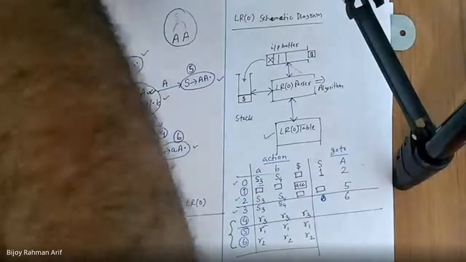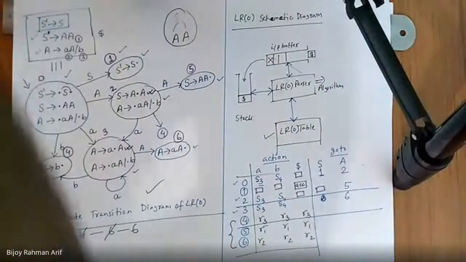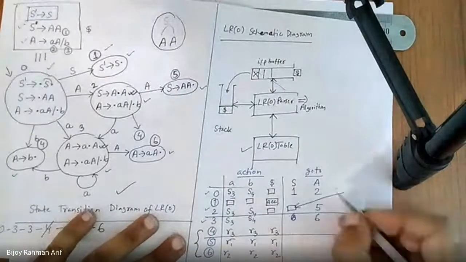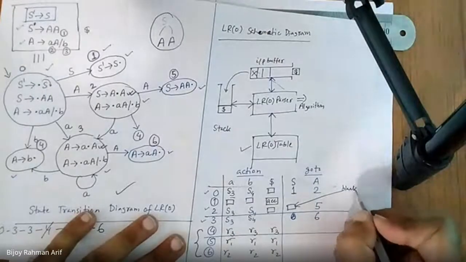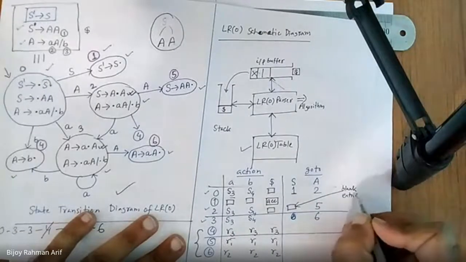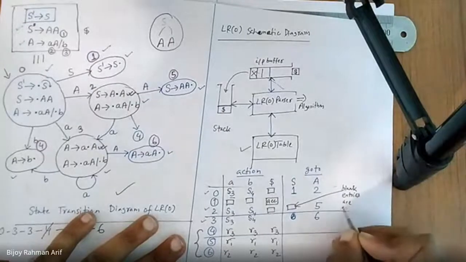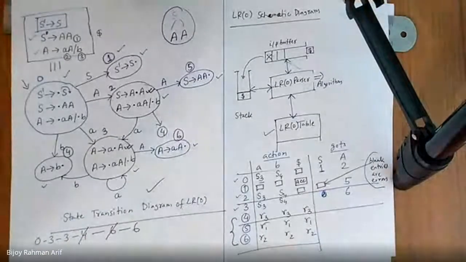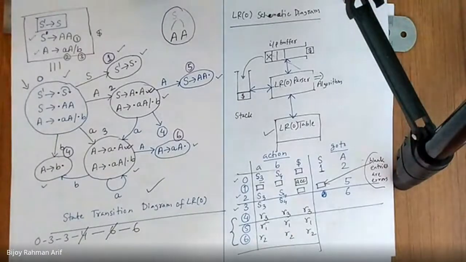Good. So those mean errors. Blank entries are nothing but errors. So if we reach these blank entries, that means this string does not belong to this grammar.